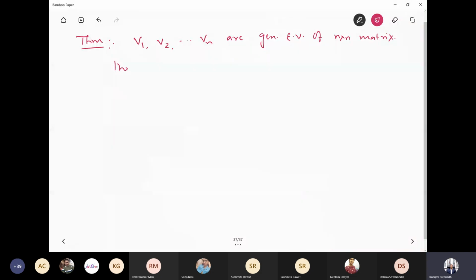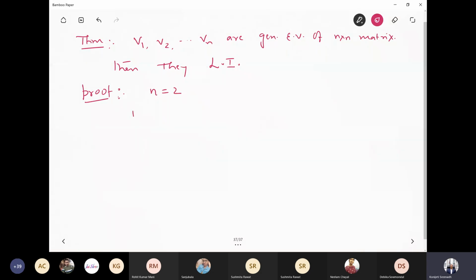Then they are linearly independent. I will do the proof for n equals 2, and all other cases can be done similarly.